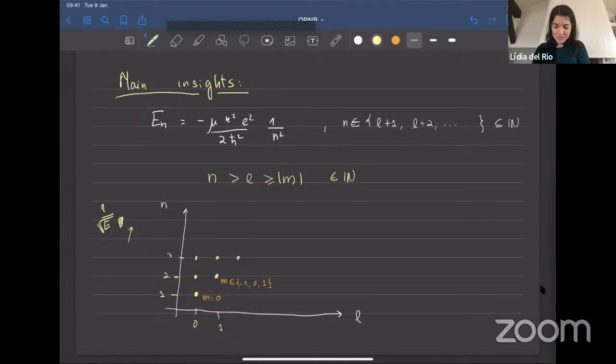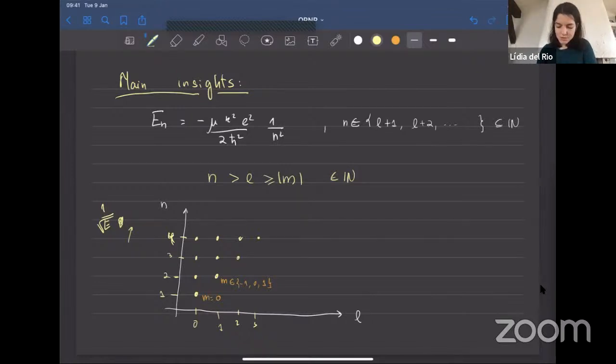Now, these things are important, for example, in chemistry, because different states correspond to different properties of materials that you get later, because we can also try to generalize this to different atoms that have more electrons or more protons and so on.